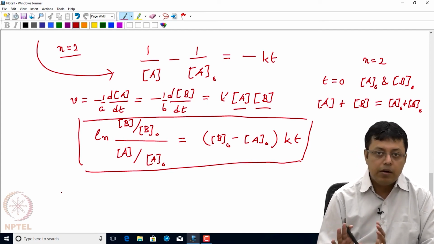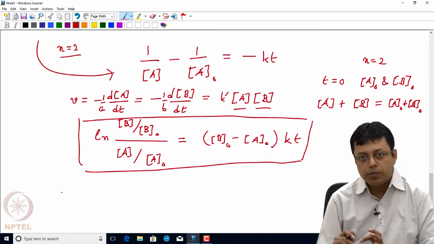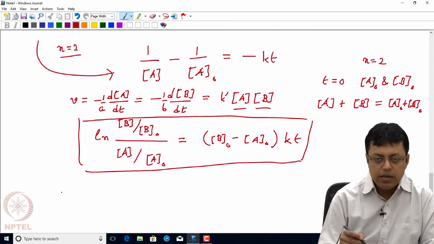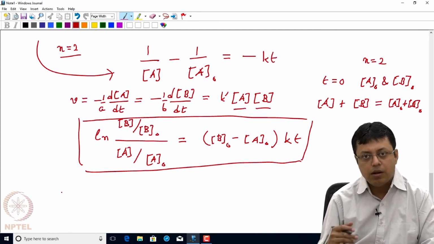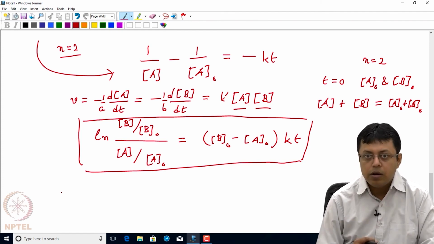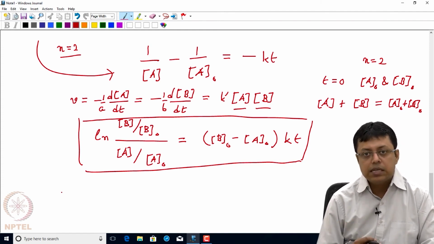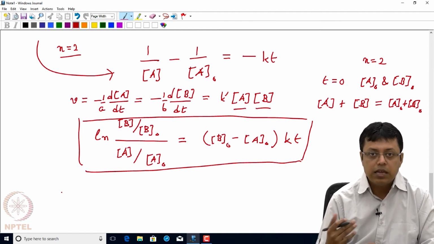You cannot a priori predict the order of a reaction just by looking at its stoichiometry. We gave you a few real-life examples of experimentally determined orders, and we found that there is no correlation. Sometimes you may accidentally get a correlation, but that doesn't mean that the reaction is proceeding via that particular pathway, which we will be discussing later.